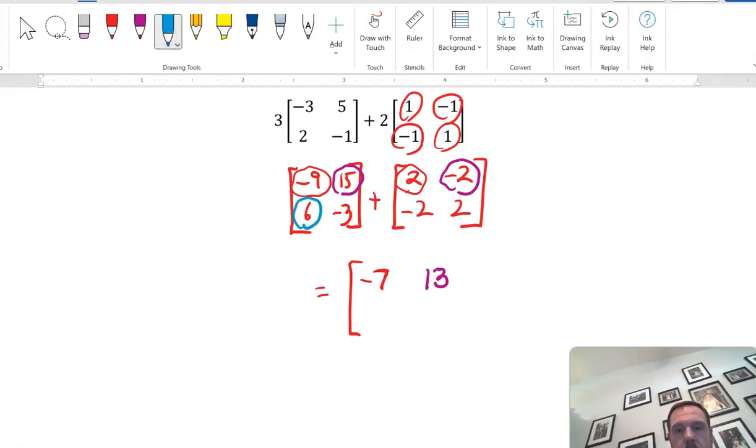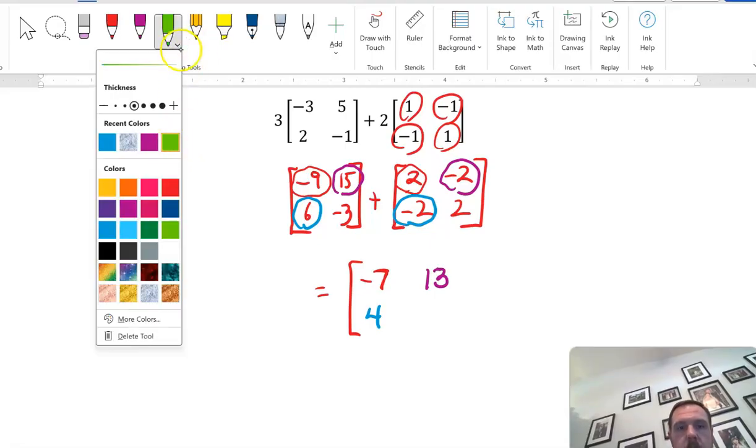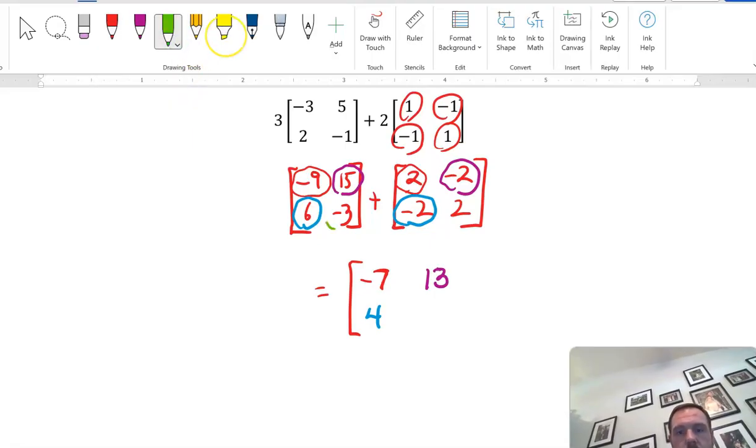Bottom row, left column, 6 plus negative 2 is 4. And finally, bottom row, right column, negative 3 plus 2 is negative 1. And that's it. I'm done with that problem right there.